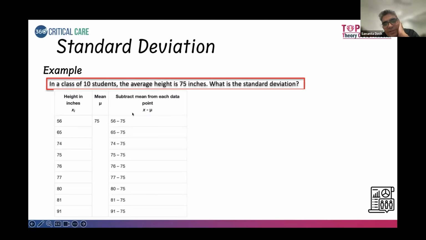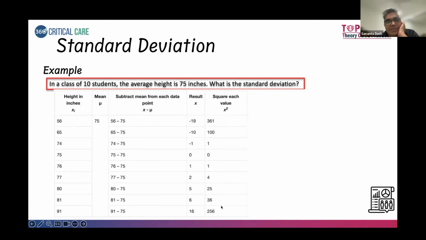Now what you do, you have probably done this in your 10th and 11th standard. This is a repetition. You subtract the mean from each data point, so xi minus mu, that is there in the formula. You find those numbers first. Now you find the difference, which will be spread around minus to plus based on where your mean lies.